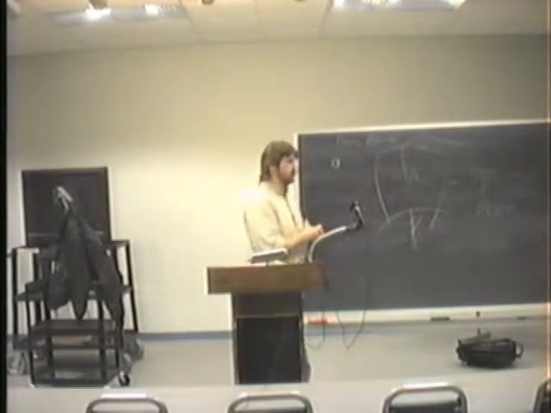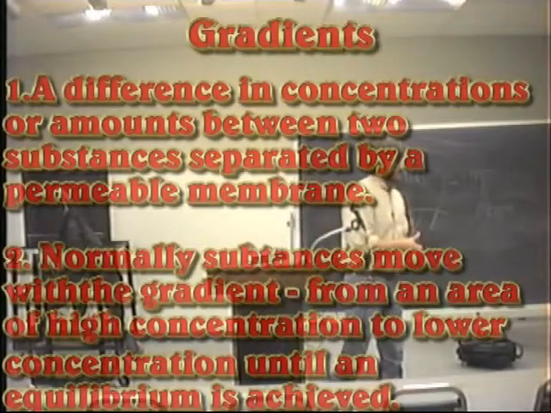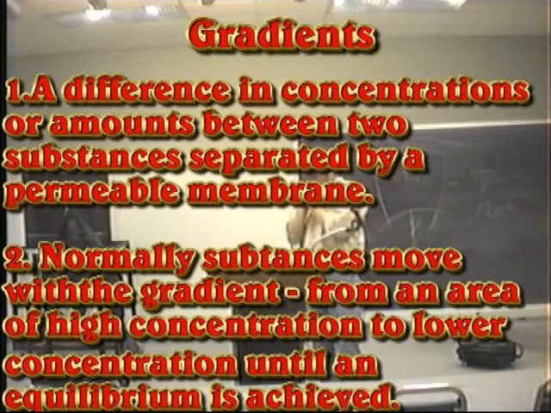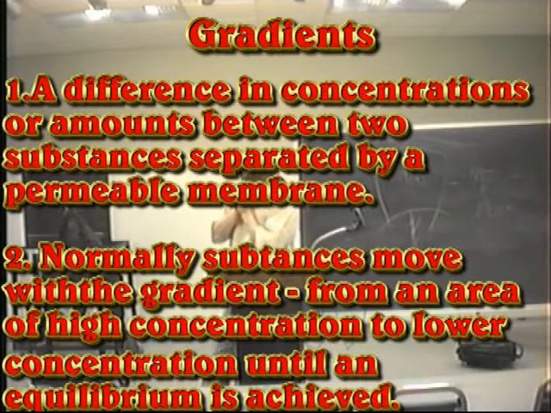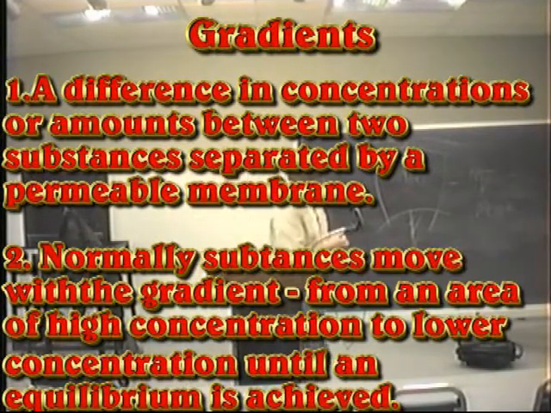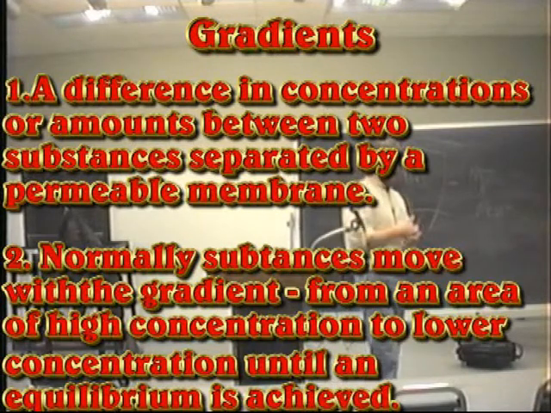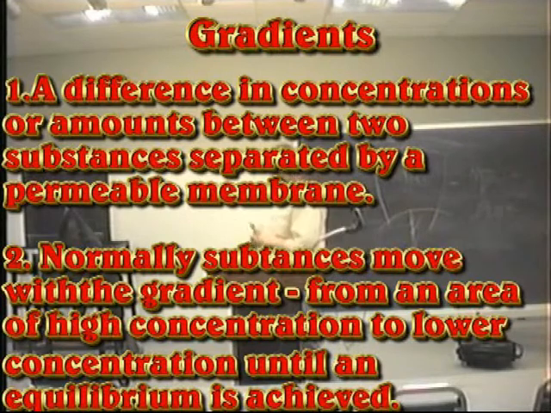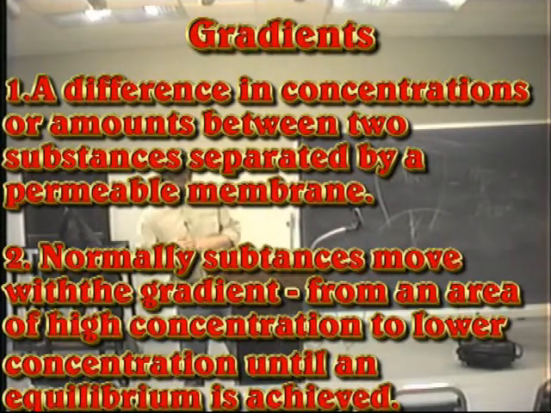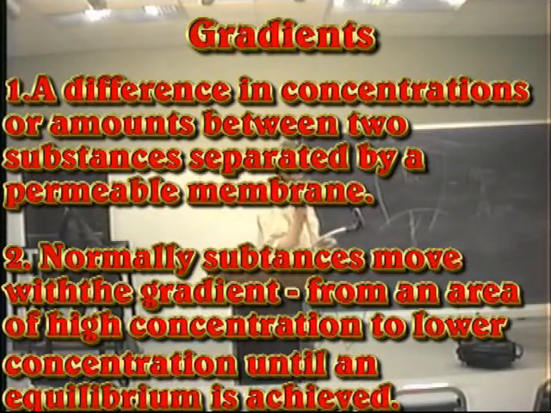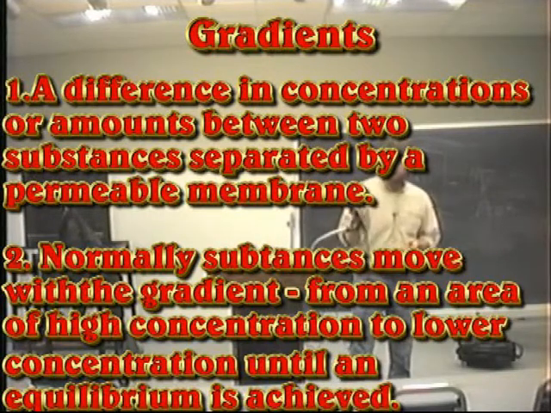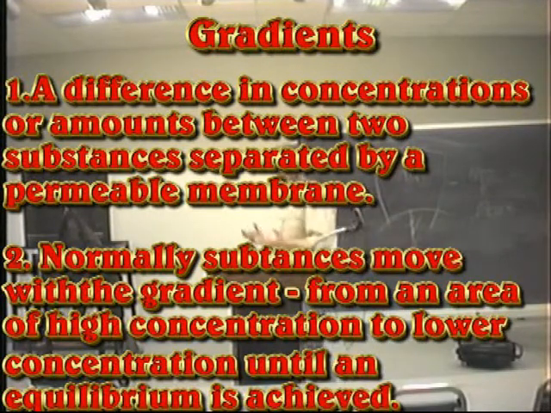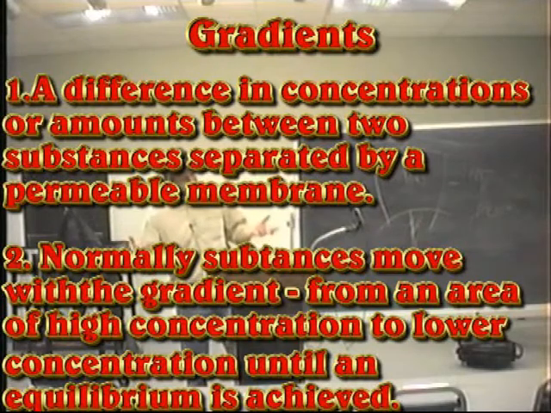We need to talk about something called gradients. A gradient is a direction of flow. A direction of flow, for our purposes, is a direction of flow from an area of high concentration of something to an area of lower concentration of something.